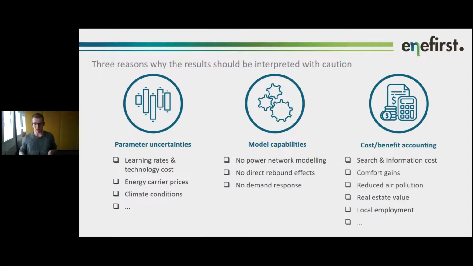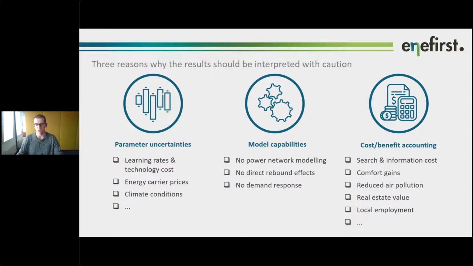And finally, there are some aspects related to cost-benefit accounting. So our economic analysis was basically based on capital expenditures and operating expenses, but it did not take into account the hassle or the search and information costs for figuring out what is actually the most performative system configuration, let alone the organizational cost for retrofitting the entire area.